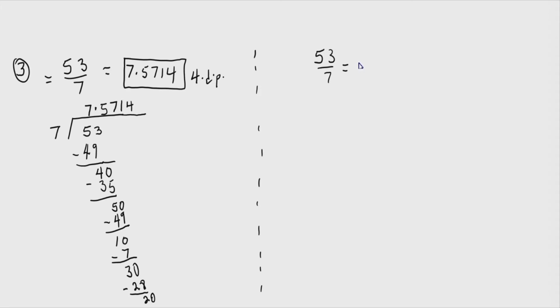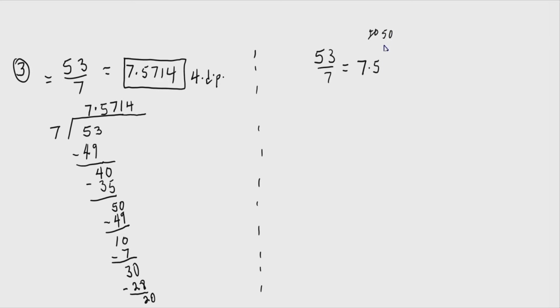So 7 goes into 53 7 times. And then 49 from this is 4. So 7 and 40, we know that 5 times 7 is 35. So it goes 5 times. And we know there's 5 left.